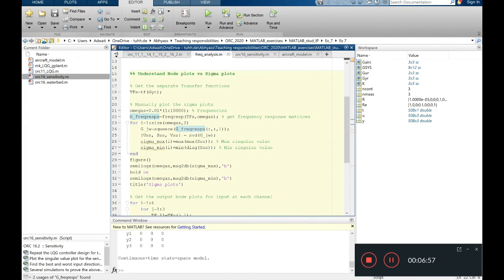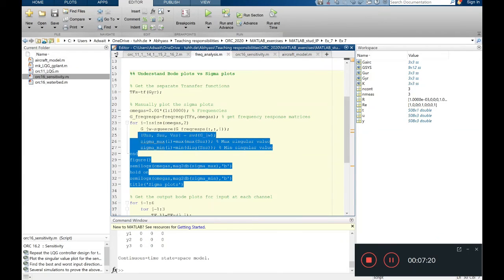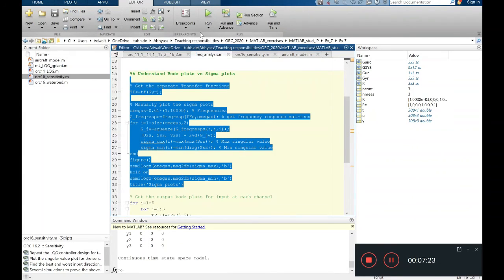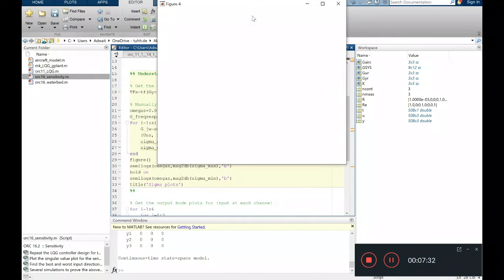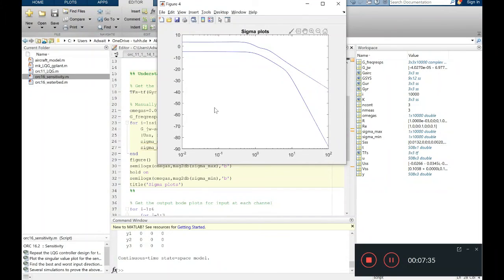Now for each frequency omega we do an SVD, and from the diagonal sigma matrix, which is here SSS, we get the maximum and the minimum singular values. Then we plot it on a log scale to obtain these plots. So here you see the minimum and the maximum singular values for each omega.